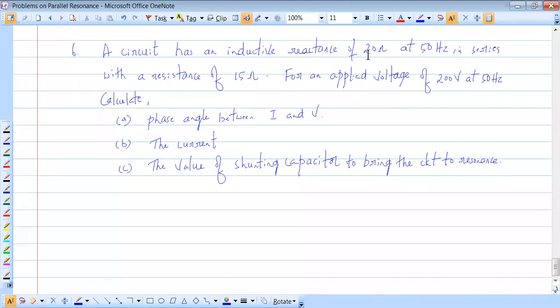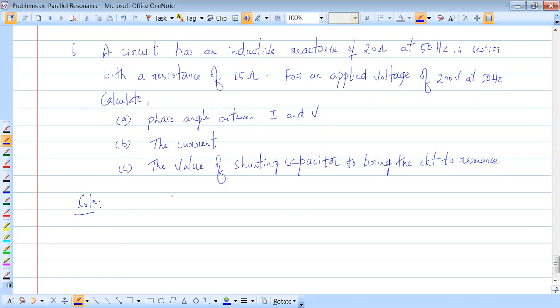Fine. So let's first write the equations. They have said a circuit has an inductive reactance of 20 ohms in series with a resistance of 15 ohms. So that is what they have said in the solution. Let's understand the problem.